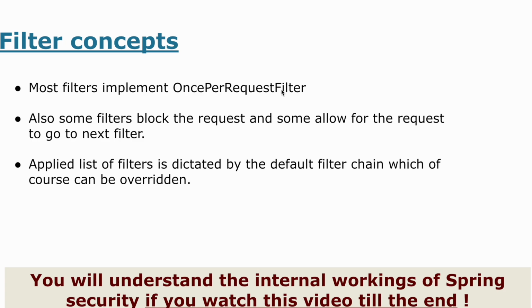This filter has the logic to ensure that for every single request, a specific filter is only applied once and not twice. And second, some filters block the request, for example the CSRF filter or the CORS filter. If they are applied and the check fails, then they will block the request and will not let the request proceed to the next filter.